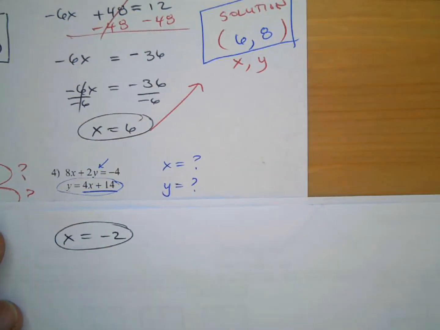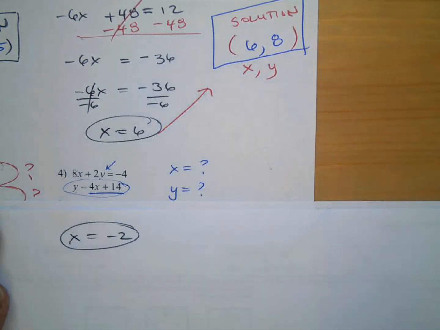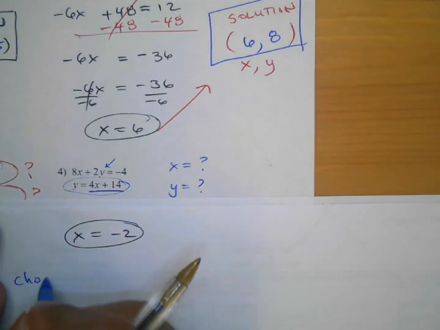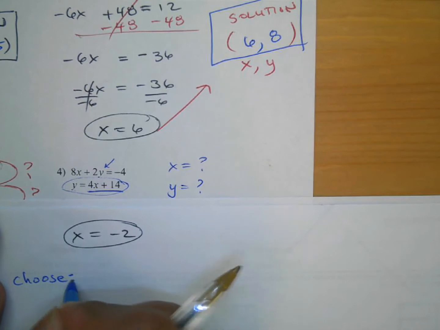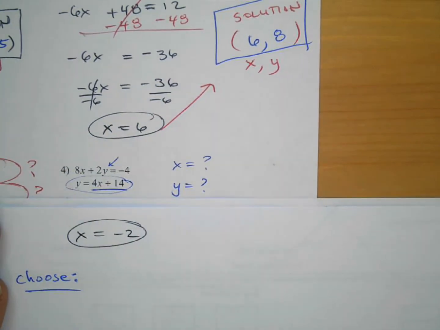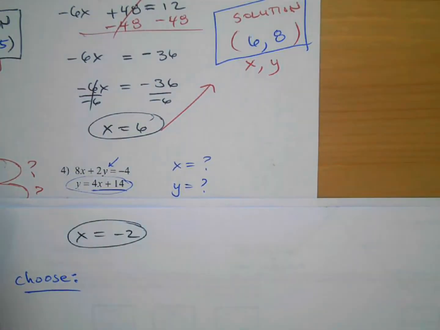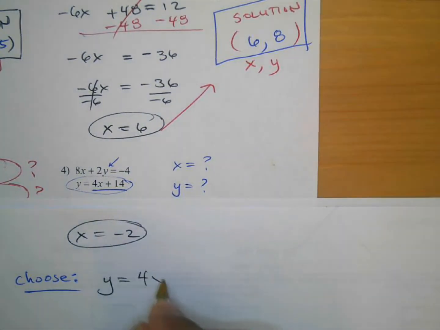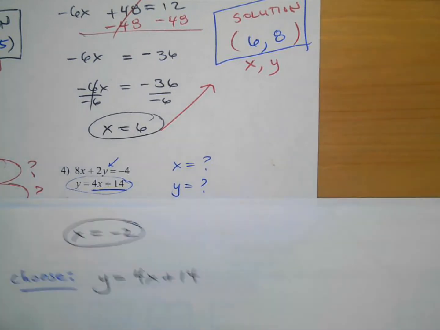And remember, you go back up here and you got to choose one of these equations. Obviously, like I said earlier, you want to choose the one that looks easier, right? Smaller numbers. I'm going to choose this one. The y is equal to 4x plus 14.